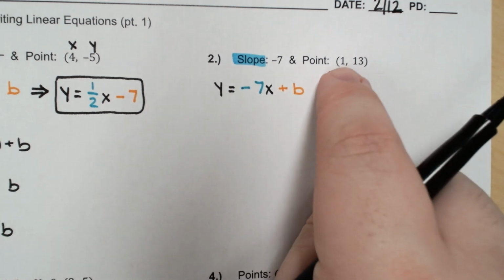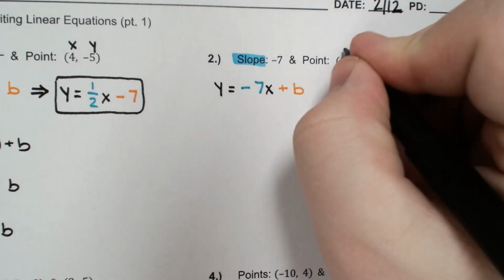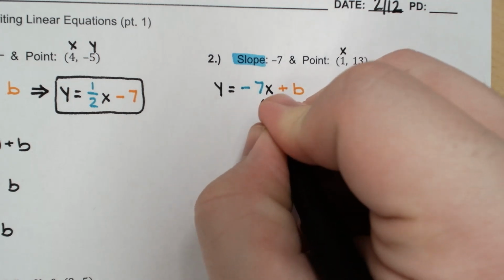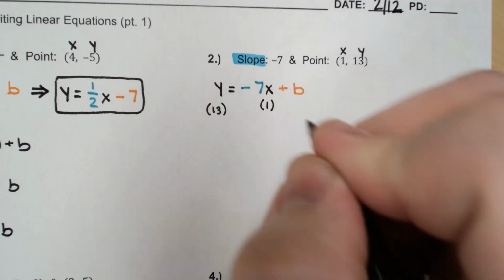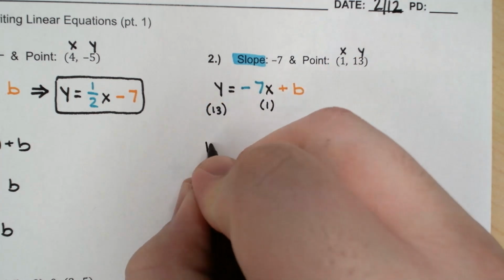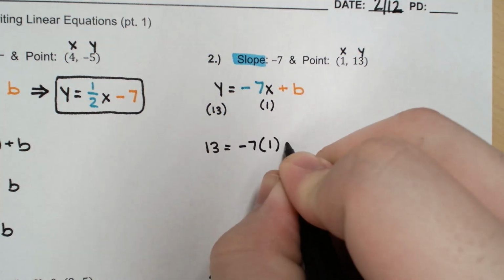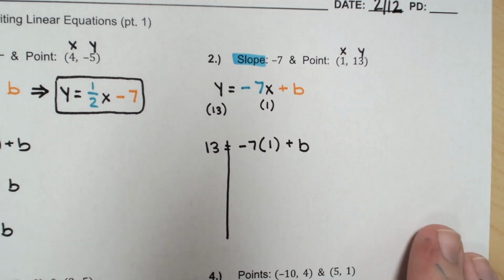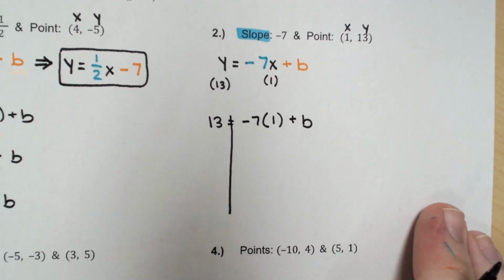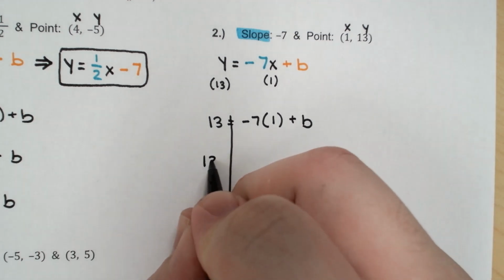Then I'll do the same thing I did with number 1. Use that ordered pair, (1, 13), as my x and my y. So x is 1, y is 13. So I've got 13 equals -7 times 1 plus b. Then -7 times 1 is -7.